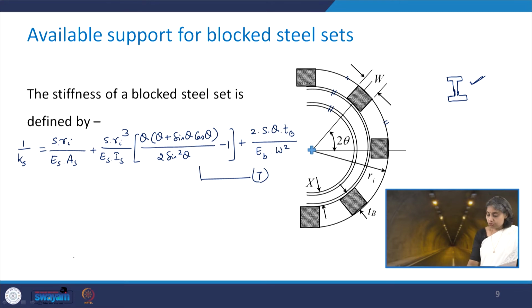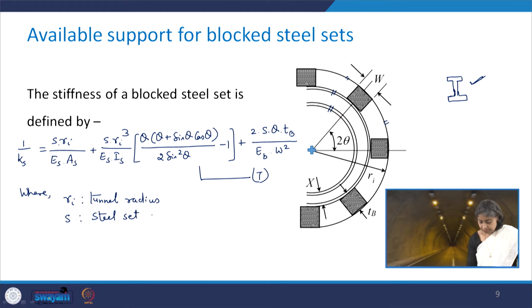Now there are so many terms. Let us take a look one by one at what all these are. So where first of all this Ri is the tunnel radius. The second one is S, which is the steel set spacing along the length of the tunnel.